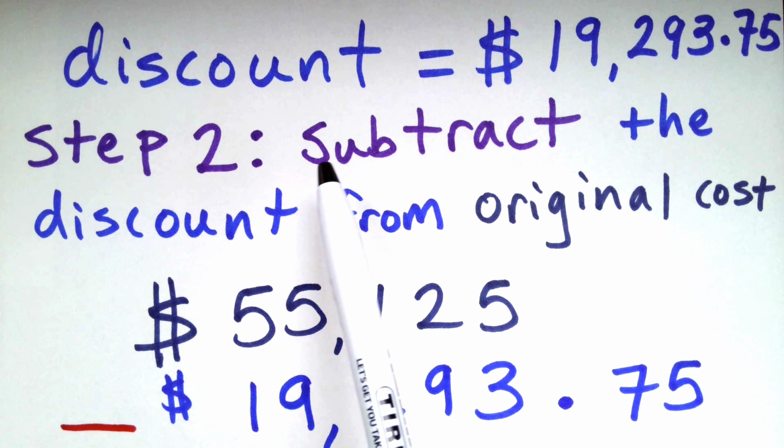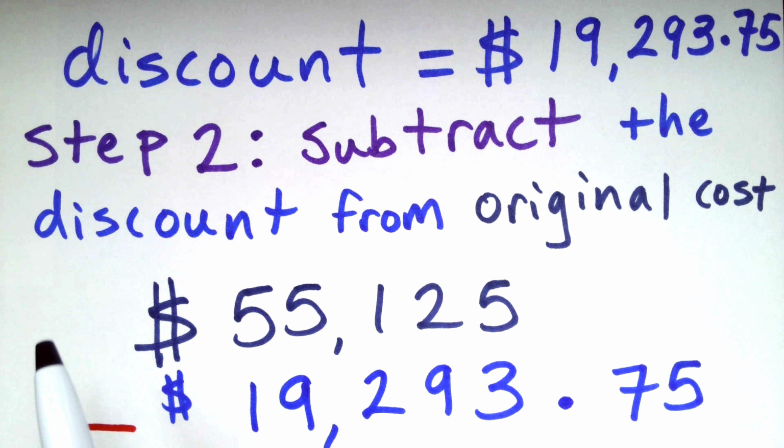Now we're going to follow step 2 and subtract that discount amount from the original cost to find the discounted value. And we'll use the discounted value to find the tax. And then add the discounted value with the tax to find our total cost. So let's just jump right on in.